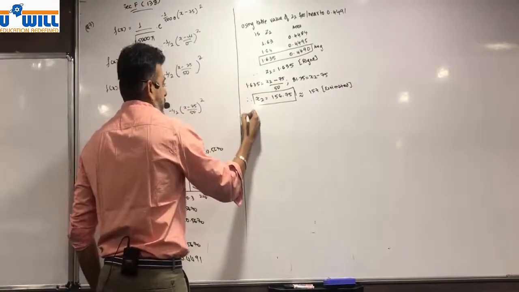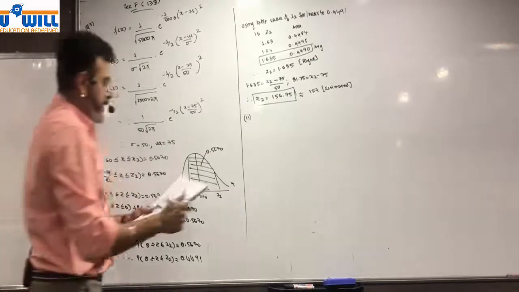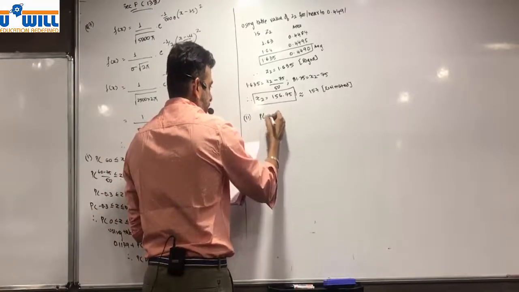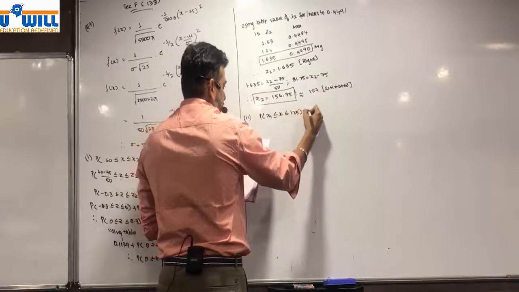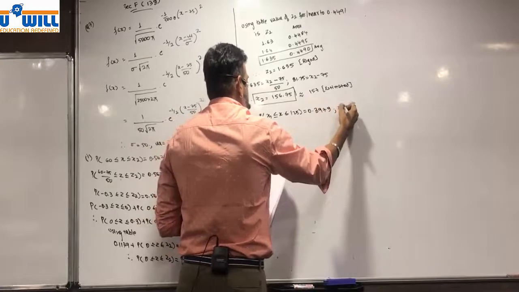Second, probability of x greater than equal to x1 less than equal to 125 is 0.3979. We have to find x1.